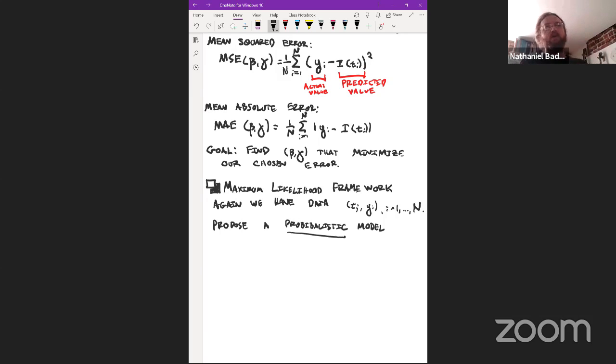A probabilistic model. The simple example is just a functional model plus a prescribed probability distribution for noise. So let me say what I mean by that.